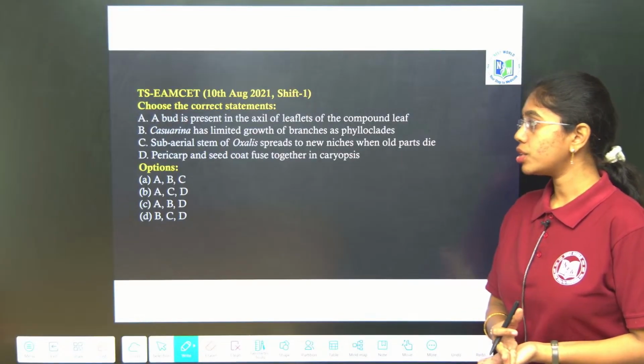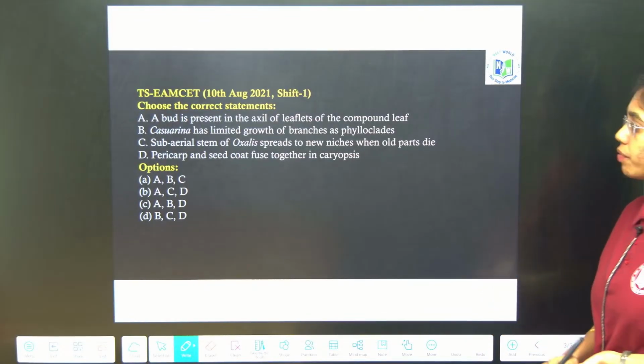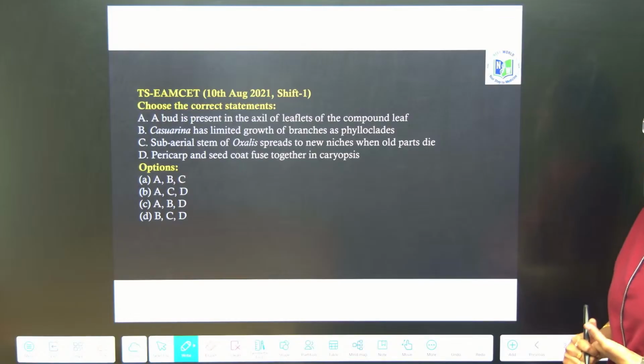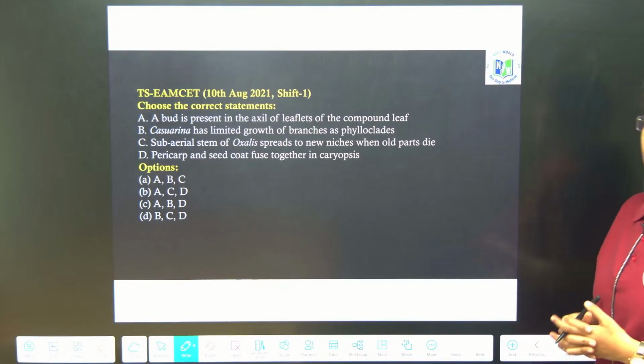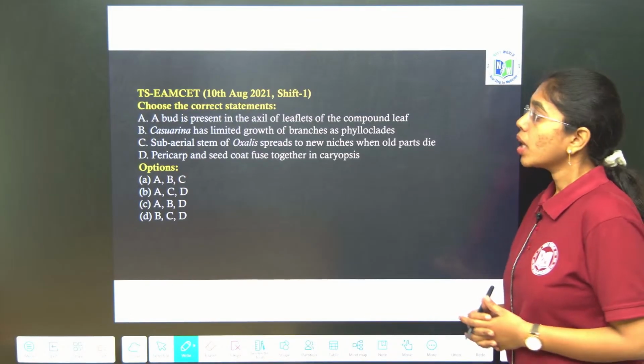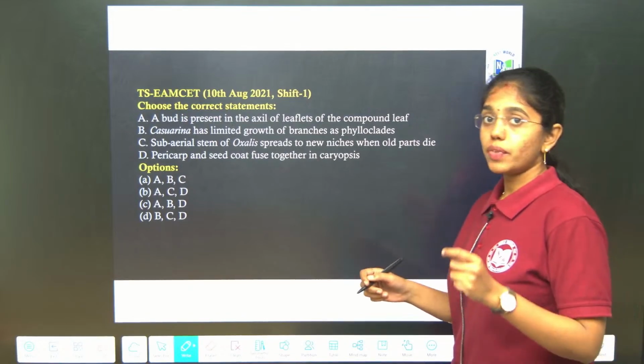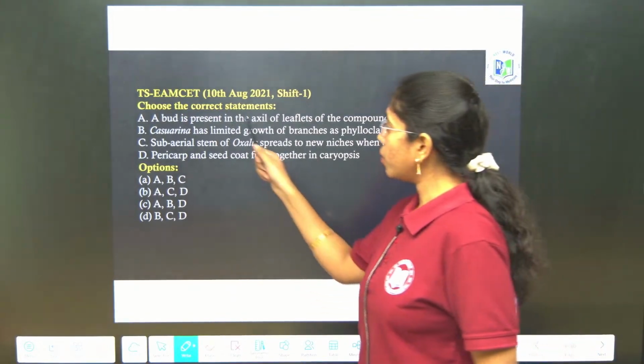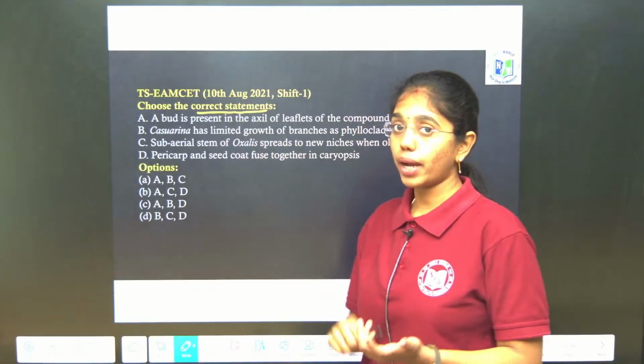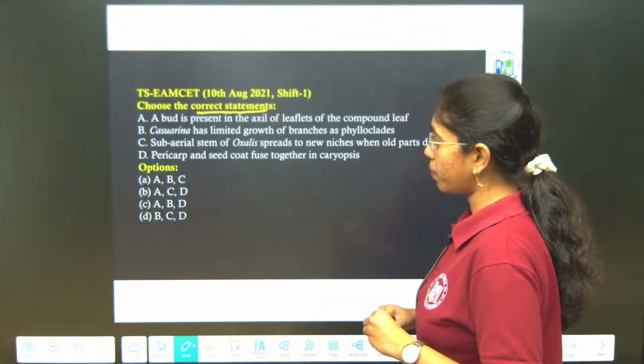Root modification, stem modification, leaf modification, everything is involved. Choose the correct statements. First, whenever statement based question is given, you have to observe whether he is asking you to identify correct set of statements or incorrect set of statements.